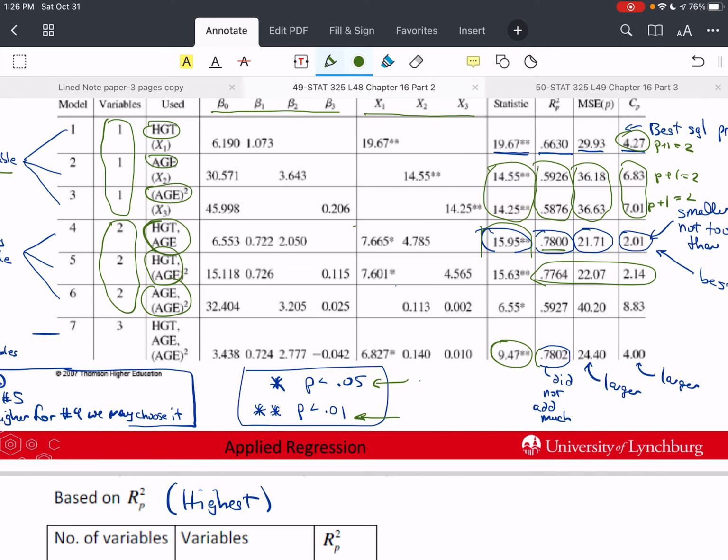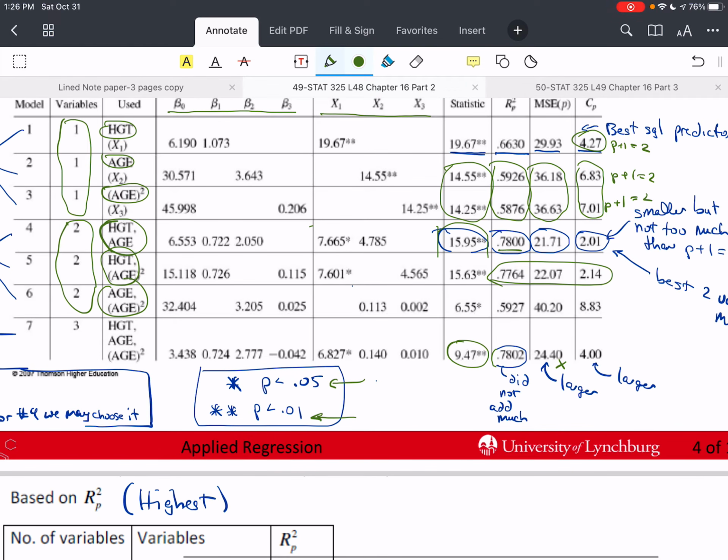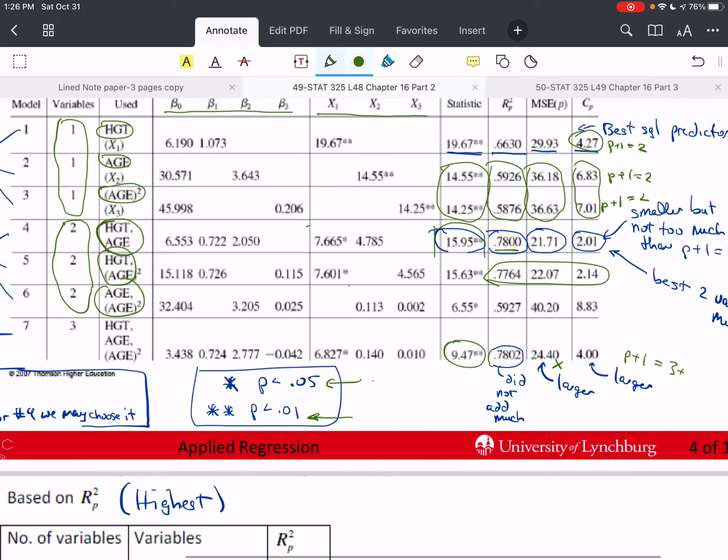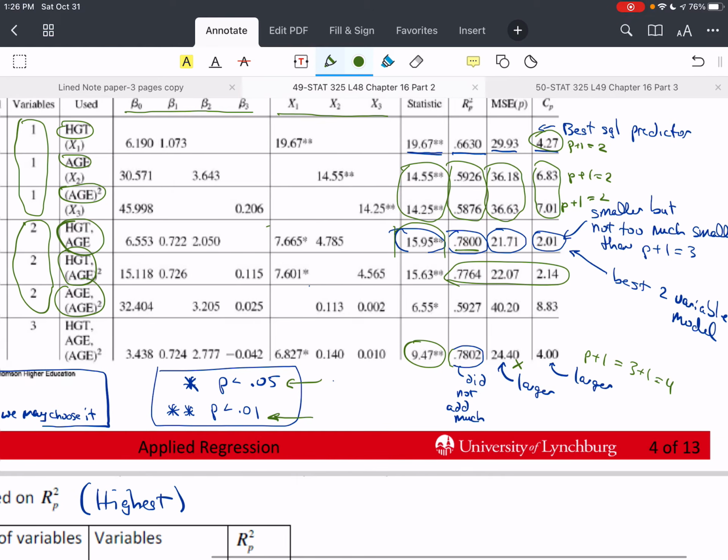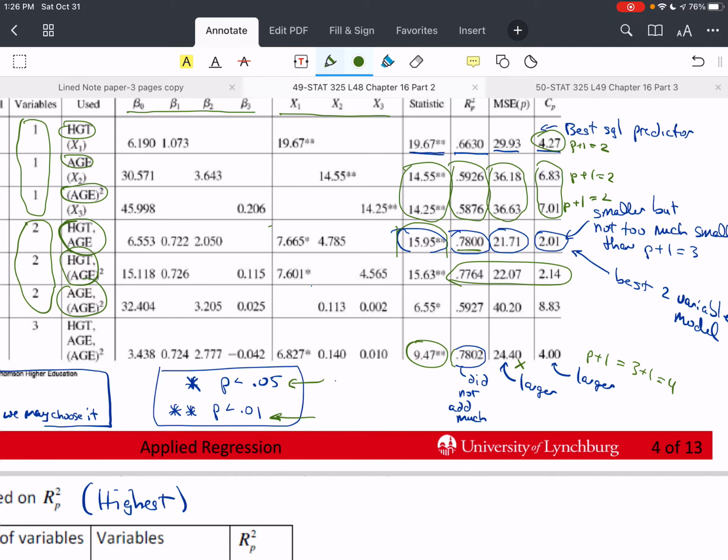And we have MSE, but it's getting larger, and we want a smaller one. So that's bad. And then this would be larger, and let's see, p plus 1 here is going to be, p is 3 plus 1, so that's going to be 4. So it's right at p plus 1, but it is larger than the 2.01, and 2.01 is not that far from 3.